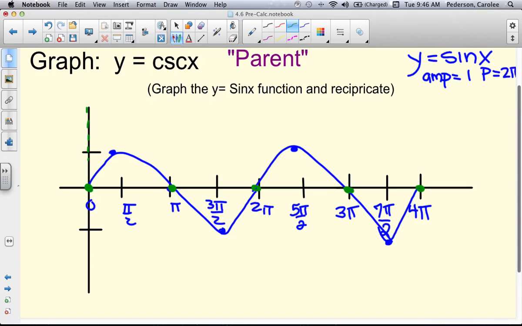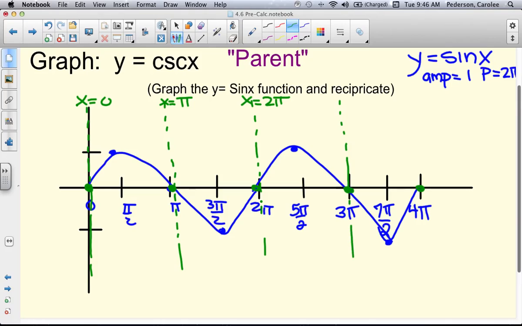So I'm going to drop a vertical line down. There's my first asymptote, x equals 0. I'm going to drop another vertical asymptote at x equals pi, x equals 2 pi, x equals 3 pi, x equals 4 pi.